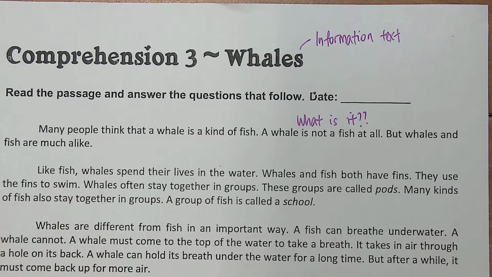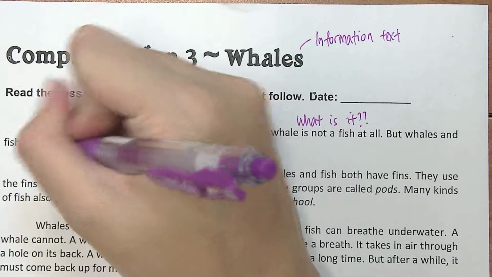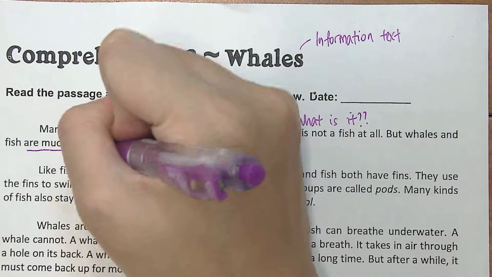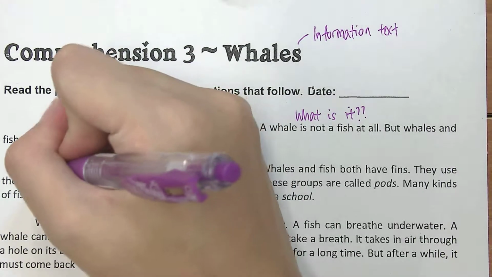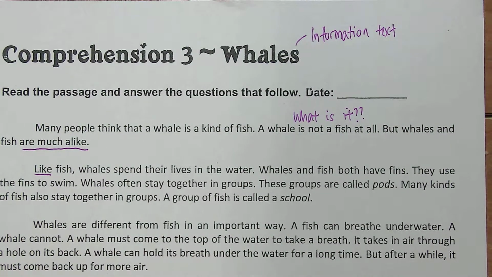Oh, do you remember previously we learned about signal words when we do comparing and contrasting? This is a signal word, or these are signal words, very much alike. So I know they're going to compare whales and fish now, and they're going to talk about the similarities. So like fish, another signal word. Like fish, whales spend their lives in the water.